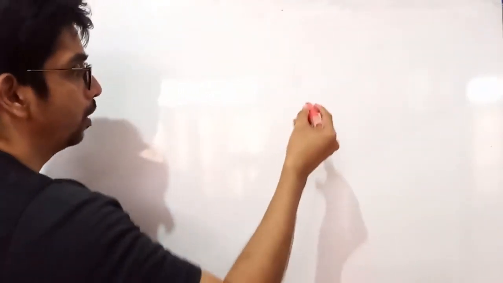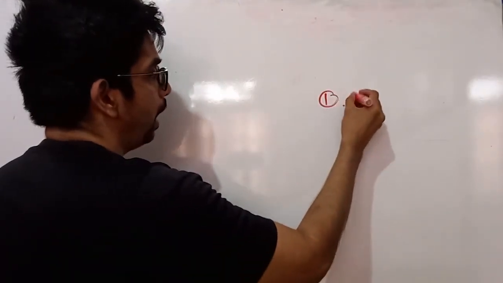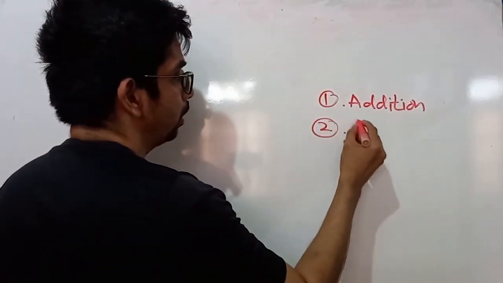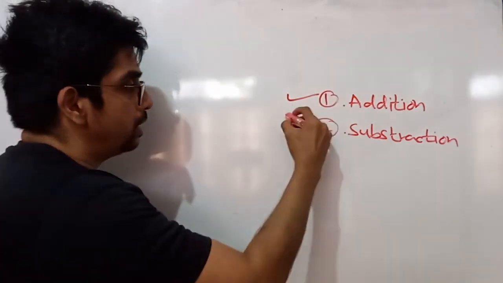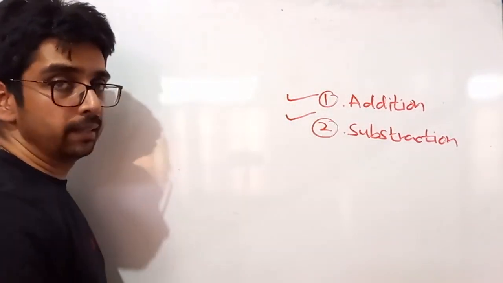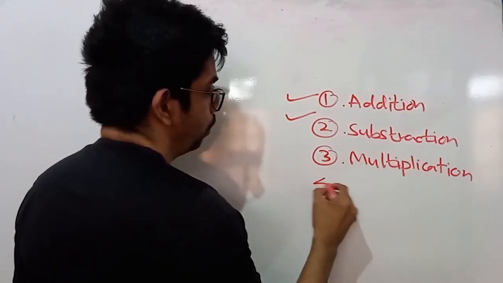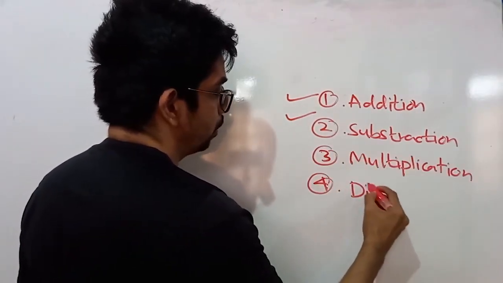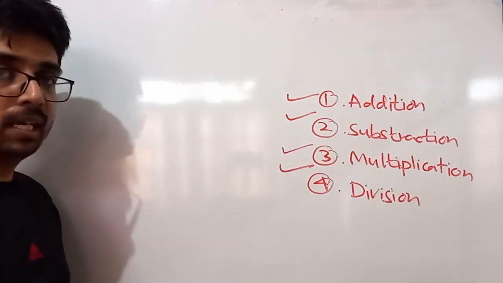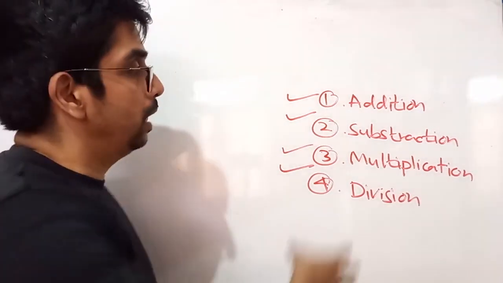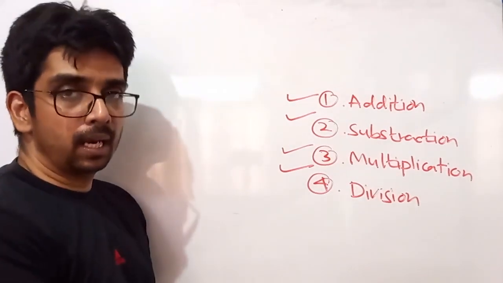What are we going to learn in this lesson? 4 things. First one, addition. Second one, subtraction. Addition and subtraction related to lengths, right? Then the third one, multiplication. Fourth one, division. Multiplication and division related to lengths. So මෙන්න මේ දේවල් හතර තමයි අපි කතා කරන්නේ, right?